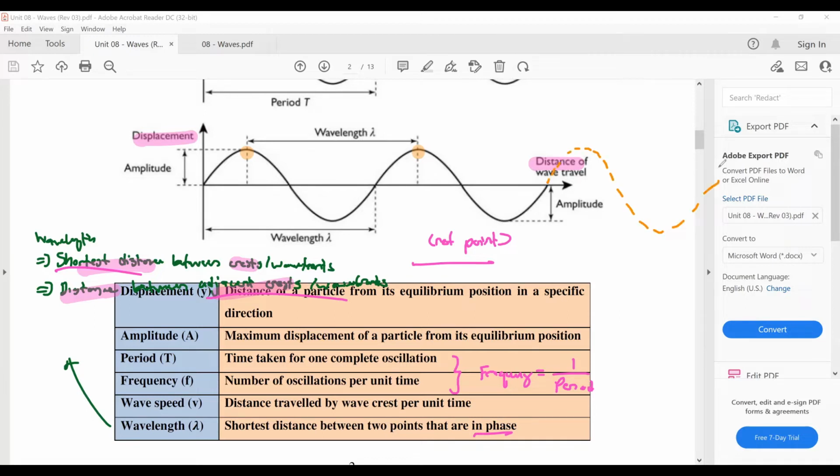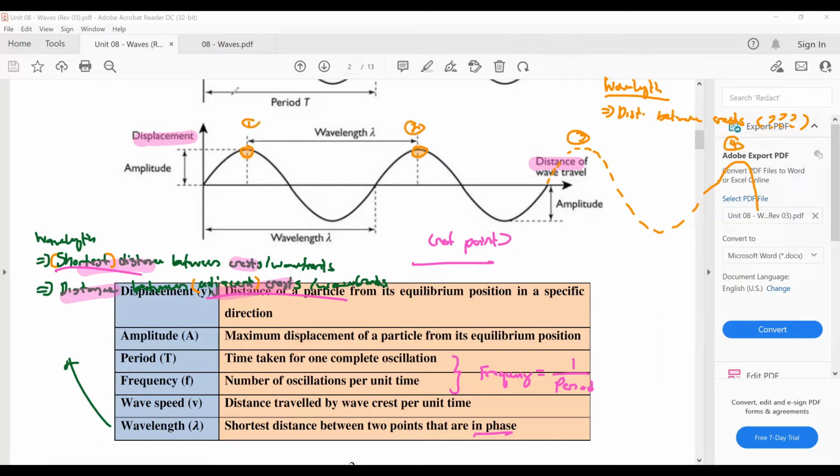There's a reason why we use the terms shortest distance or adjacent crest. If I just say wavelength is the distance between crests, this is very vague, because in a wave you have many crests. This is the first, second, third, and this one is the fourth.